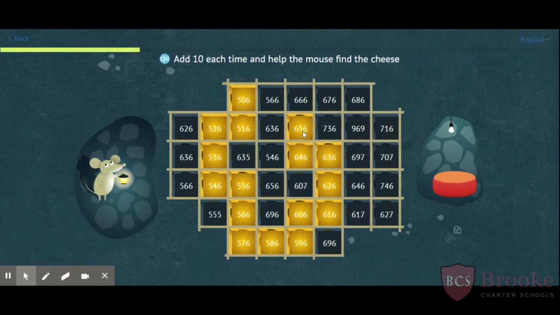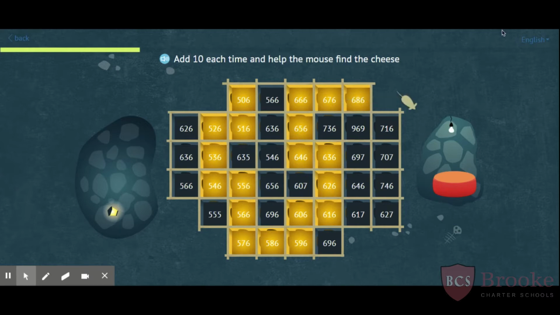Then we have, good, 666. After that, nice, 676. And last is 686. Let's see if the mouse can find its way to the cheese. Nice job, first grade.